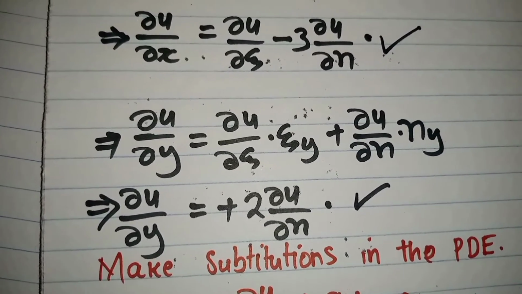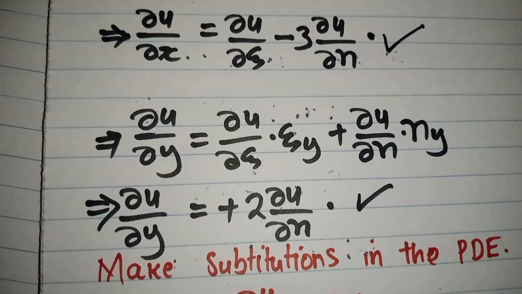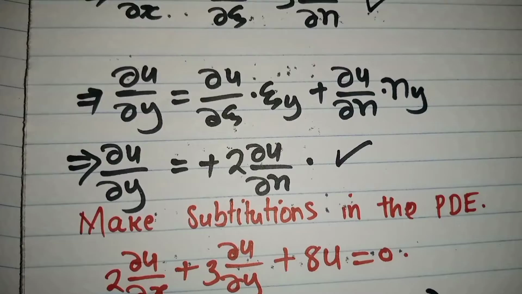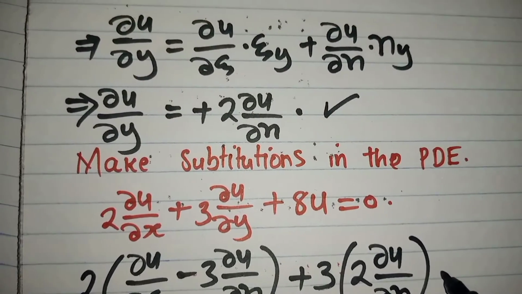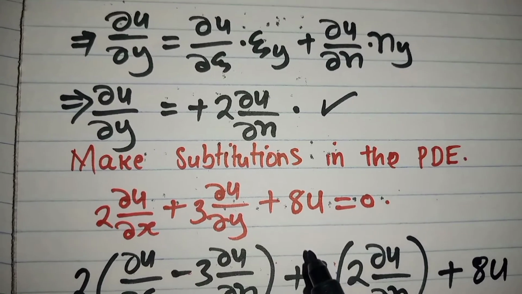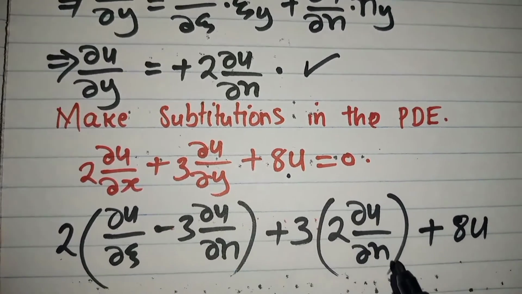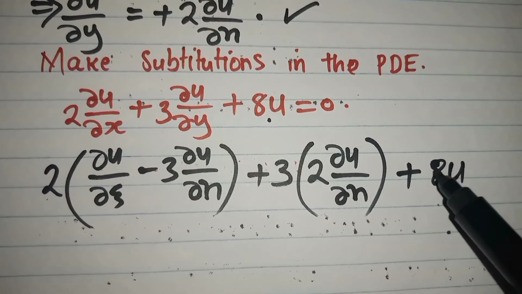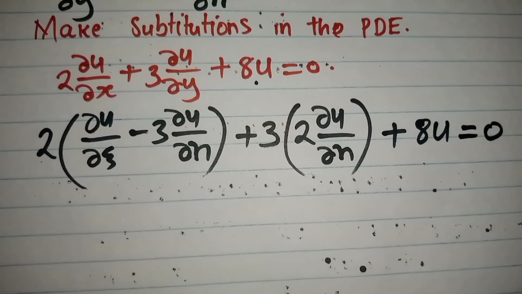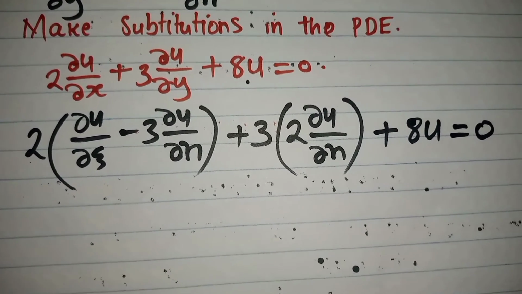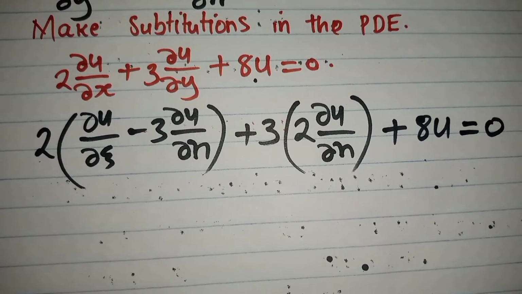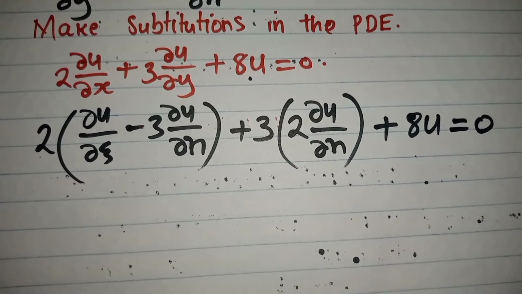So I'm going to have 2 times the partial of u with respect to nu. Then plus 8u, which is already here, is equal to 0. So that is what we have after making substitutions of the values of the partial of u with respect to x and the partial of u with respect to y.